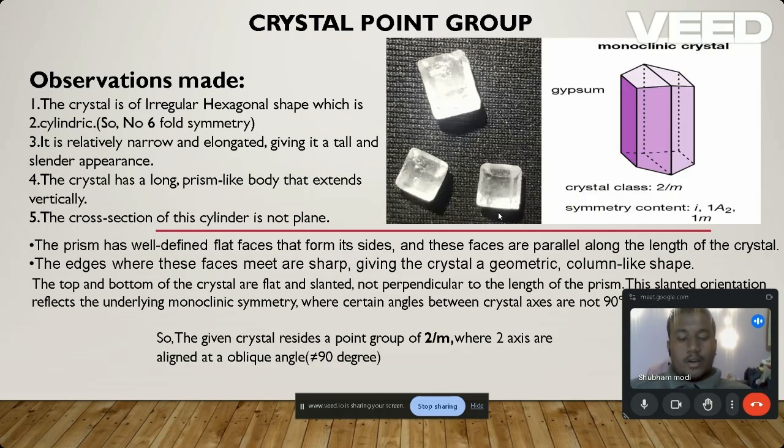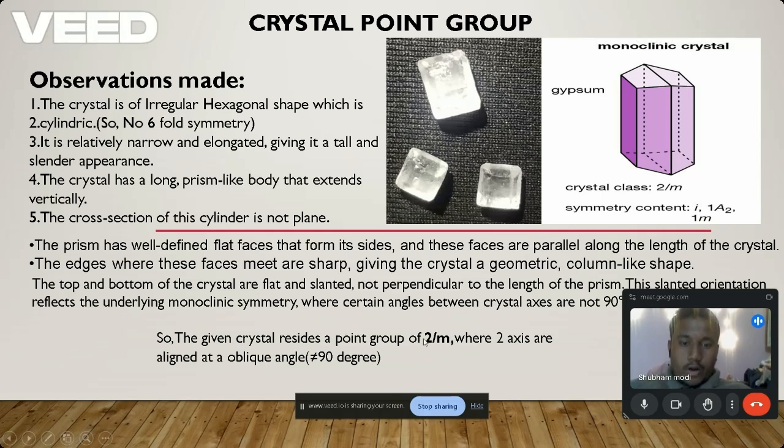That's why I have made my probable conclusion that the point group is 2/m, which clearly resembles the shape of the crystal you gave, and it reflects the shape of gypsum, because the shape of gypsum is just the same.